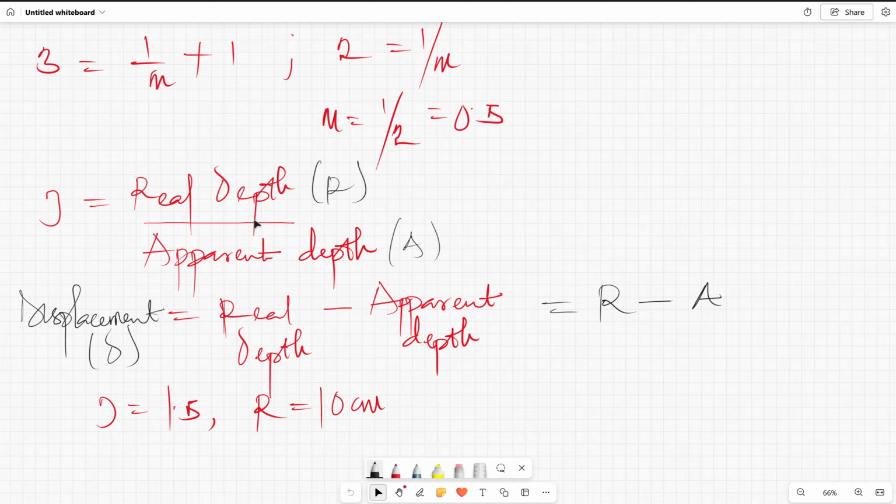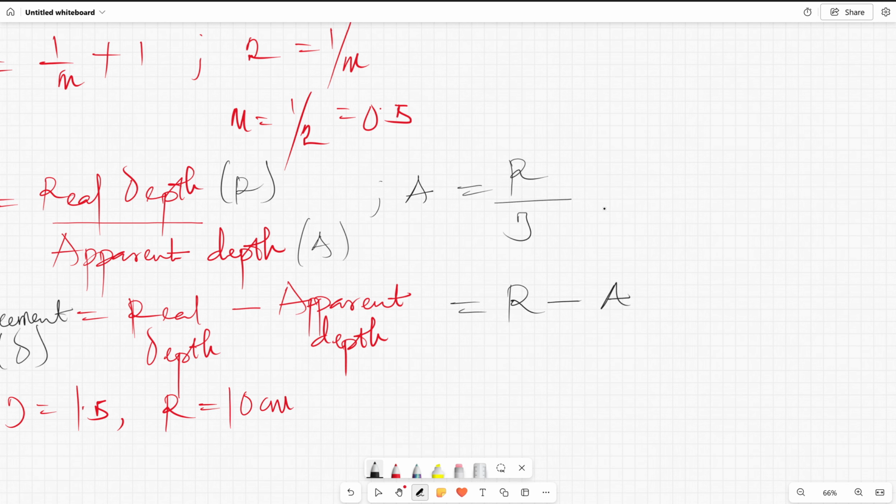So here I'm going to make apparent depth the subject of the formula, which means that you're going to have apparent depth A is equal to real depth divided by the refractive index. Please also know that this real depth is also called the thickness.